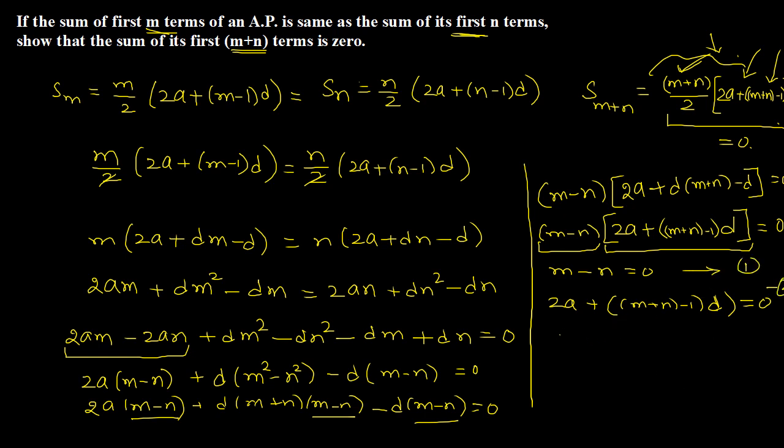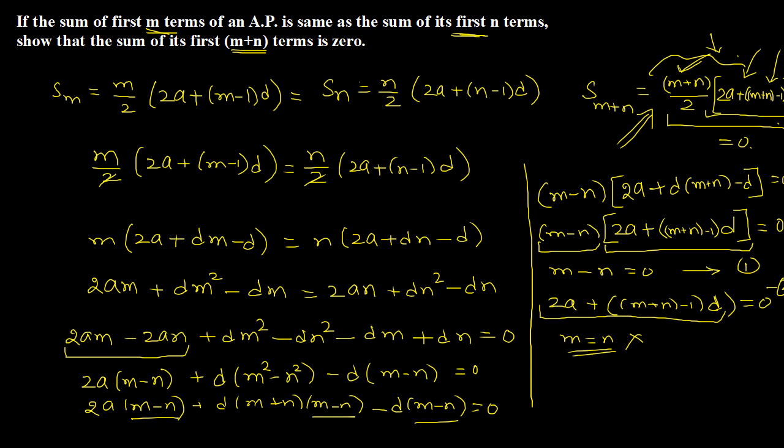If I take the first one, m equals n, and substitute it, this is automatically going to be 2n divided by 2, which is n, so this is never going to be 0. So the first one is not going to work. The second one is the entire thing I have here.